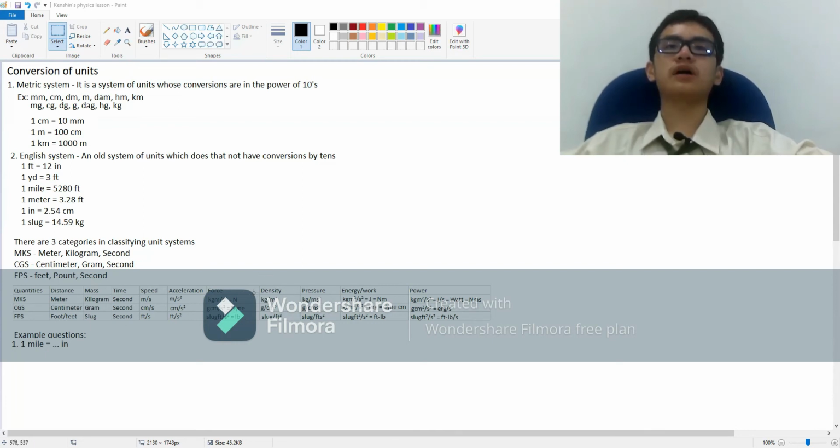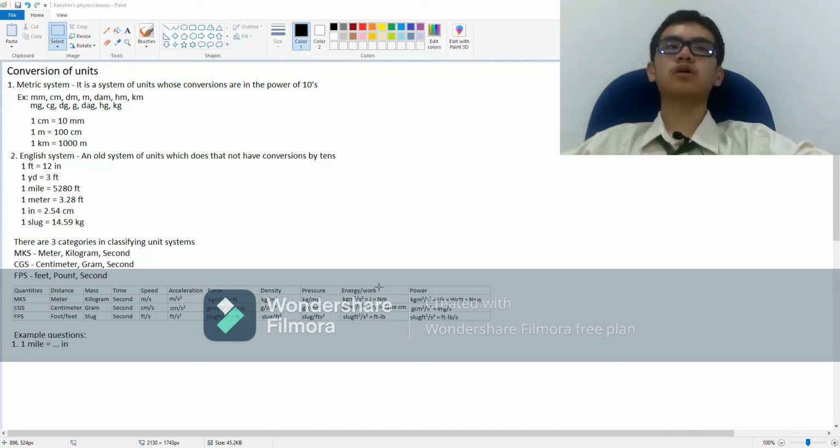For density, you have kilograms per cubic meter for MKS, grams per cubic centimeter for CGS, and slugs per cubic foot for FPS. For pressure, you have kilograms over meter second squared for MKS, grams over centimeter second squared for CGS, and slugs over foot second squared for FPS.